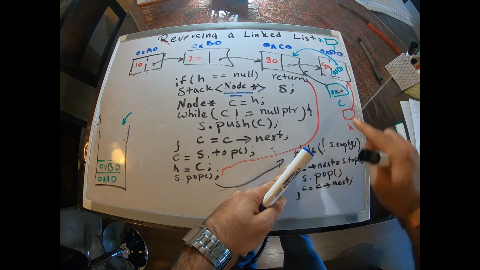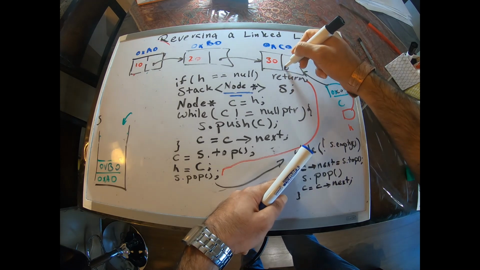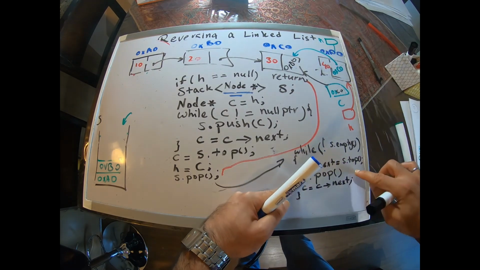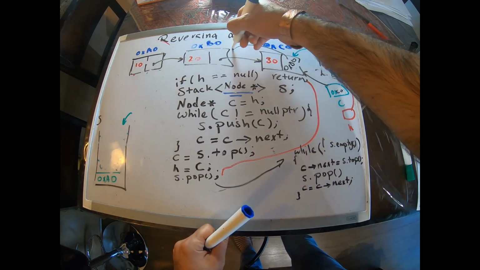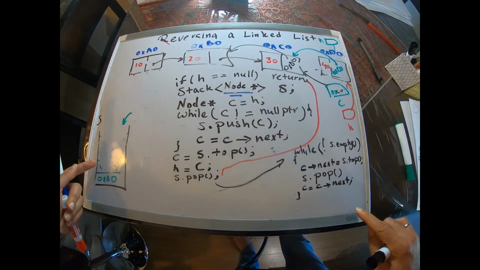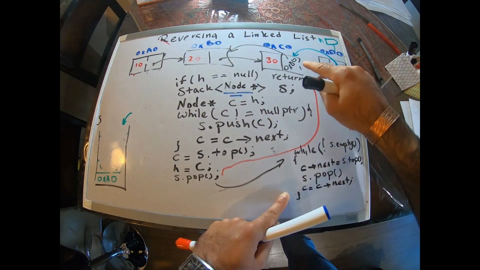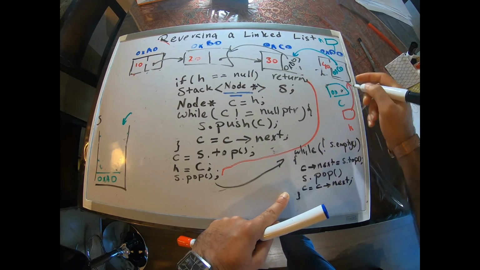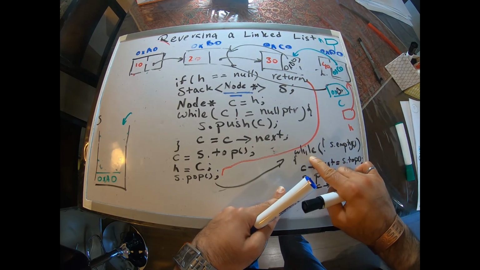C arrow next, which is this one, is going to be s dot top, so it becomes 0xB0. Pop, so this is actually pointing here. Pop it, we popped it. C is equal to C arrow next, so this becomes 0xB0. This is going to point to here. Come back to the beginning of the linked list.